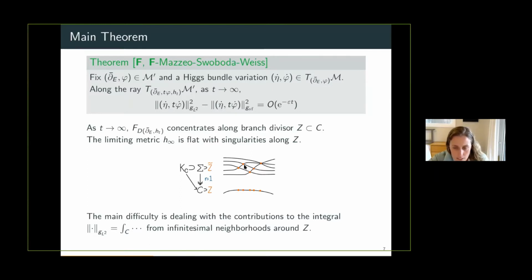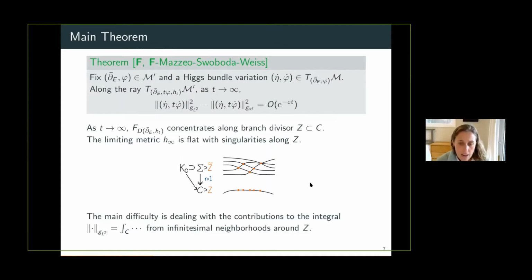What Z is: the Higgs bundle at each point is a 5x5 matrix, if it's SL5, so in general some n by n matrix, and it generically has n eigenvalues. When these eigenvalues collide, you get a complex codimension one locus, some points in your curve, Z, and this is where you have concentration of the curvature.